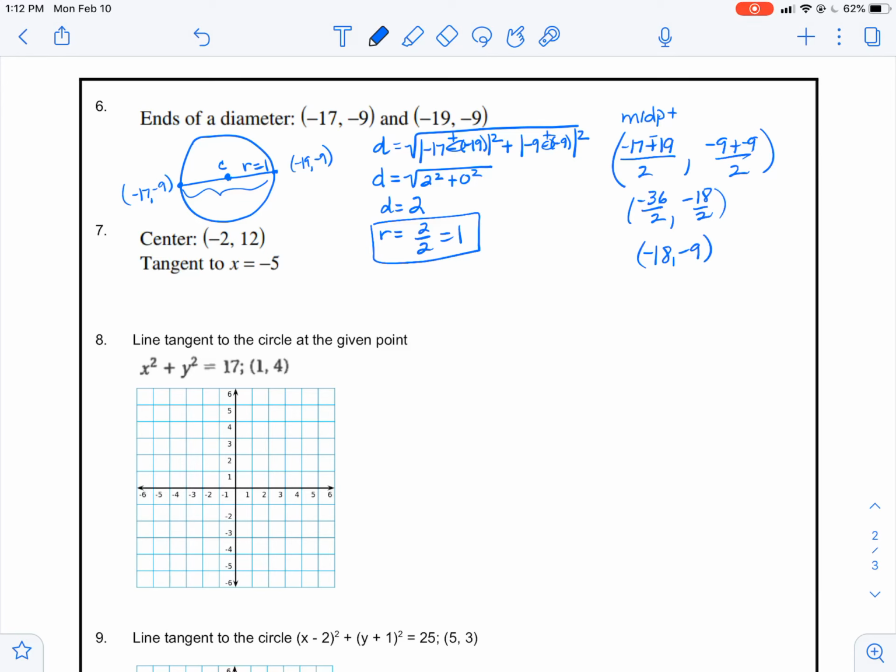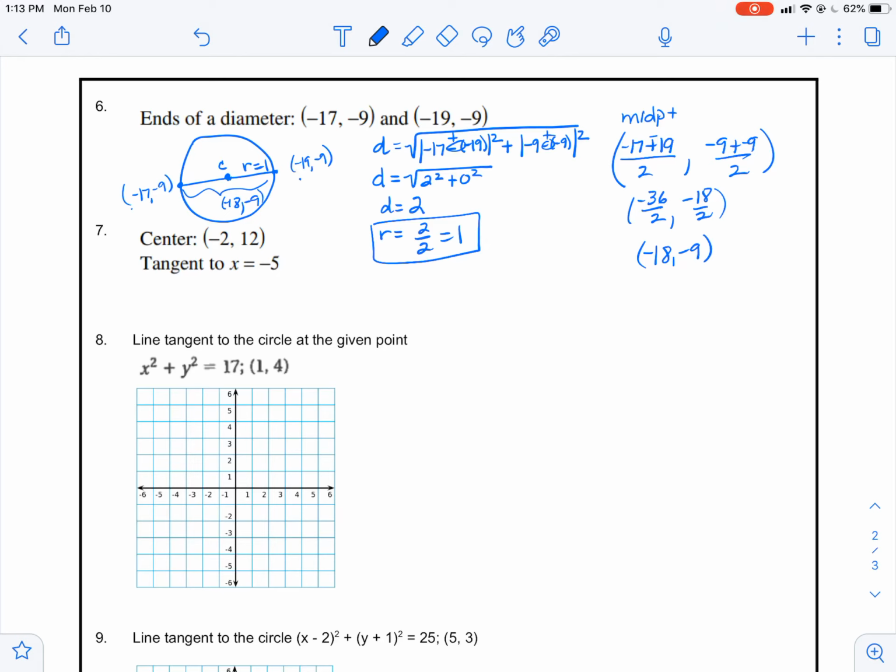And that should kind of make sense that if I'm at a negative 17 and a negative 19, that I'm at a negative 18. And then again, a negative 9 means that diameter is actually on a horizontal line. So that should make sense.